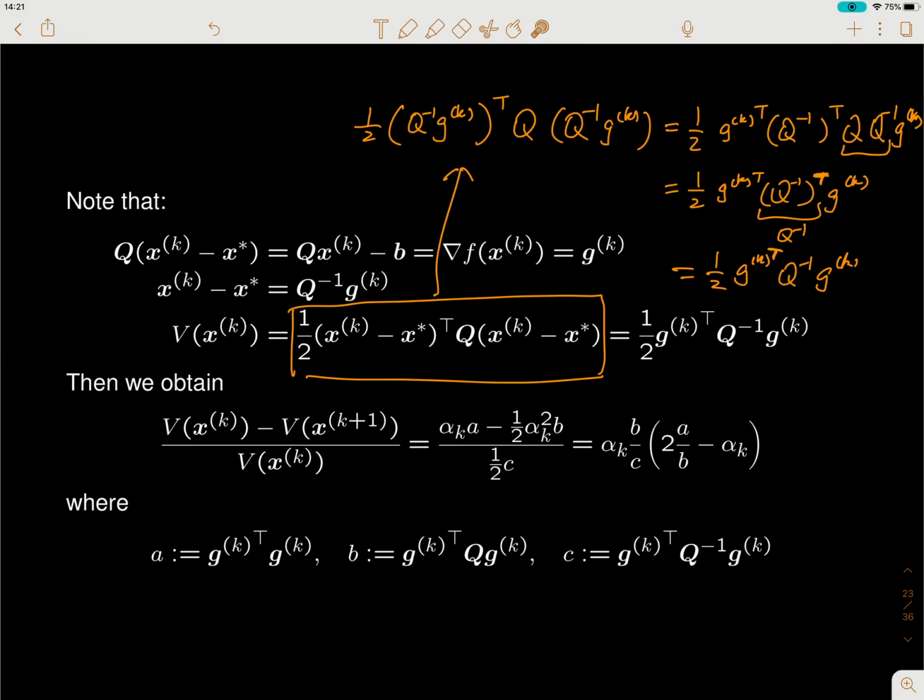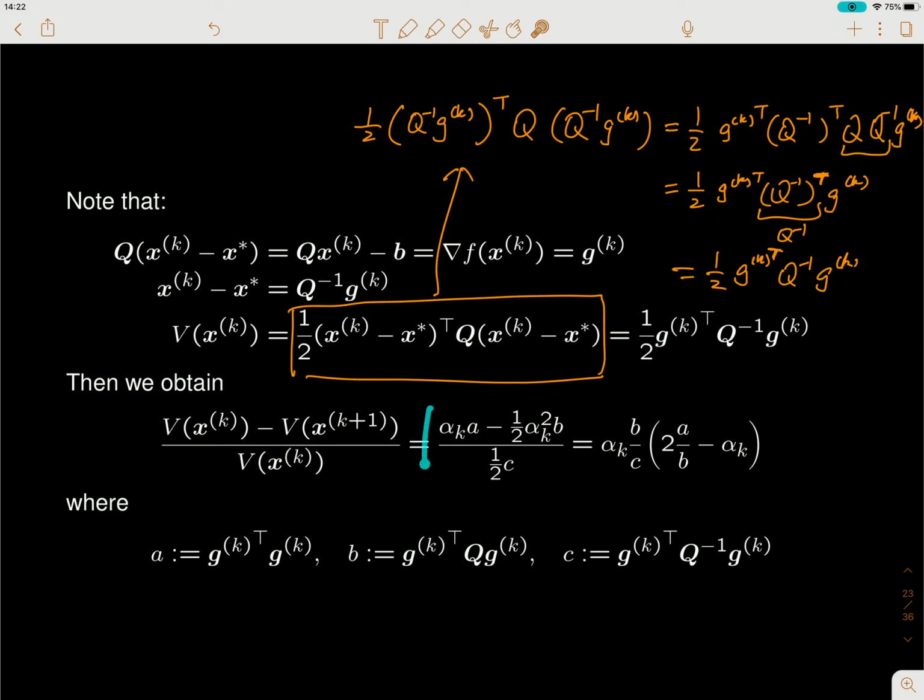And the denominator, remember that we showed that this v of xk is just this 1/2 gk q inverse gk. So let's define this quantity as c, then this denominator will be just 1/2 times c, right? Because vk is written as 1/2 times this, which is c.